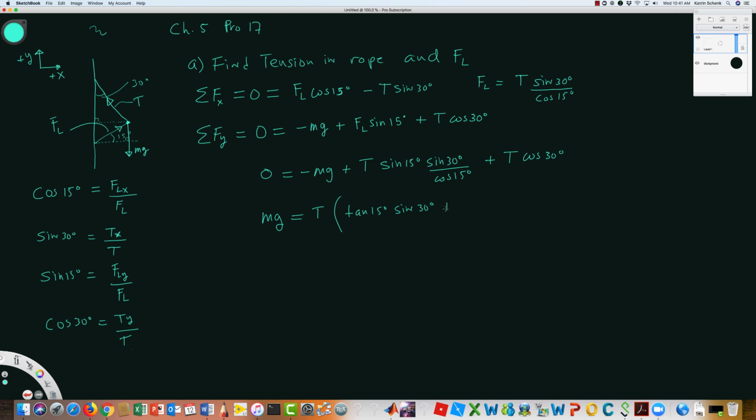Plus cosine of 30 degrees. So that means I can solve for T. So T is mg over this big long thing, tangent of 15 degrees, sine of 30 degrees, plus cosine of 30 degrees.